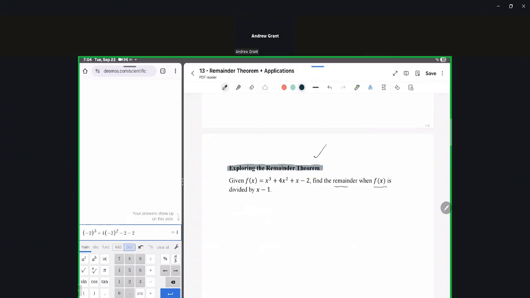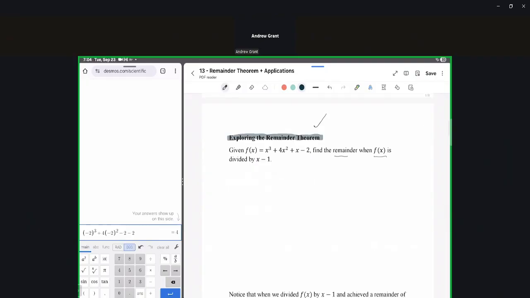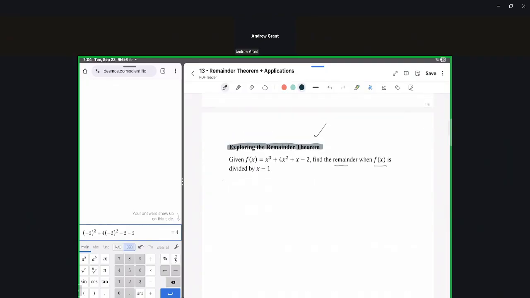Now note, again, the last 2 videos we spent time working on this, but again, I'll show all the steps for this. So we want to take our x minus 1 and divide it into x to the power of 3 plus 4x to the power of 2 plus x minus 2.